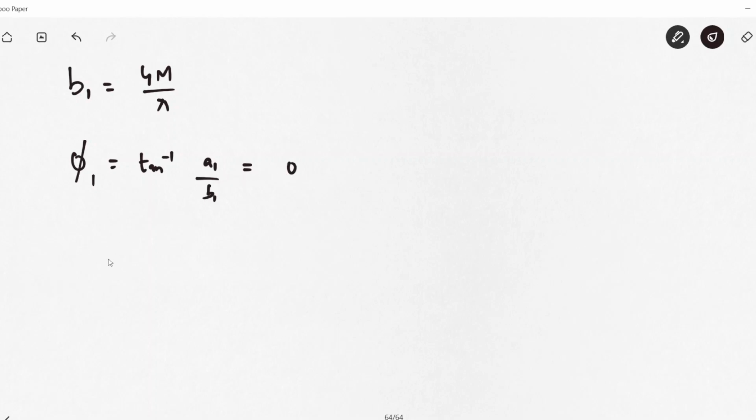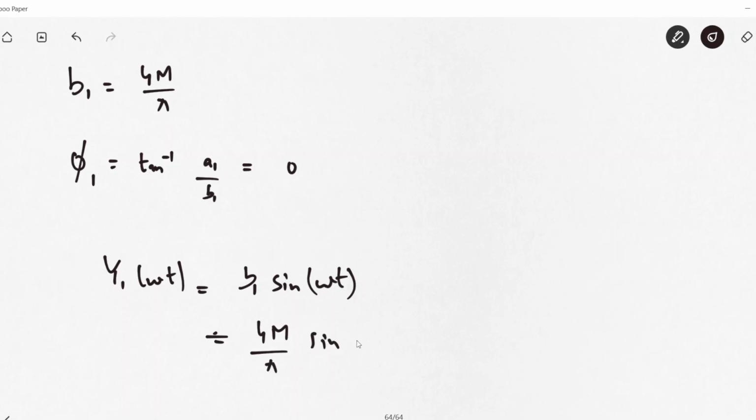So therefore y1 of omega t, the Fourier expansion, can be written as a naught plus summation of n equal to 1 to infinity. Since we are only looking at the fundamental component, that's y1, it will be only a naught plus a1 plus b1. A naught is 0 in this case, a1 is 0 in this case, this is equal to b1. b1 therefore will be equal to b1 sine of omega t. b1 is 4m by pi, so y1 is 4m by pi sine of omega t.